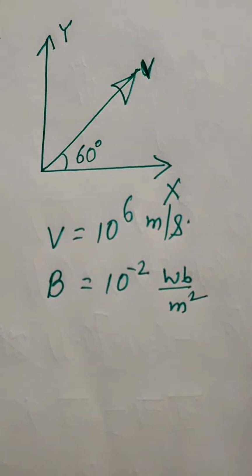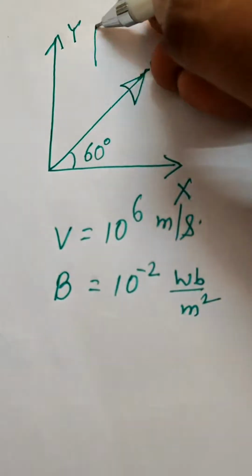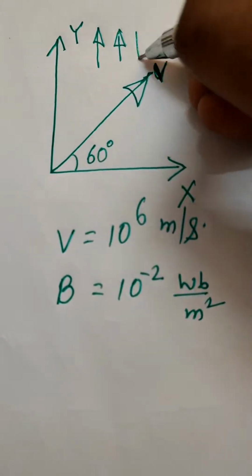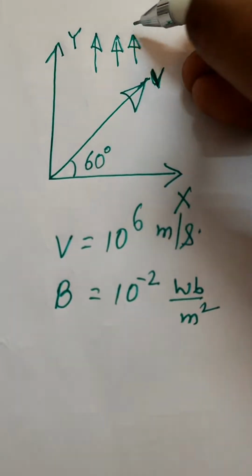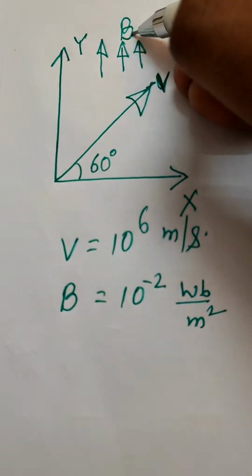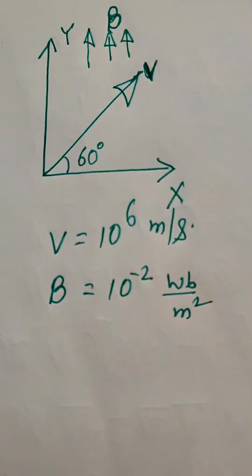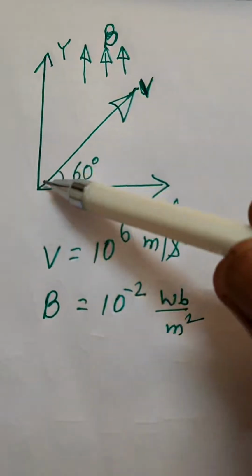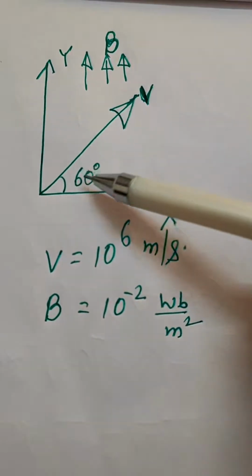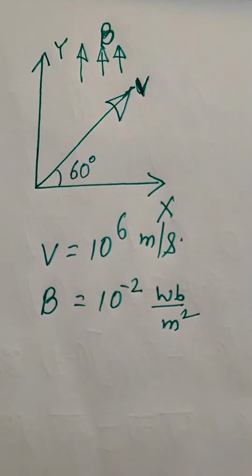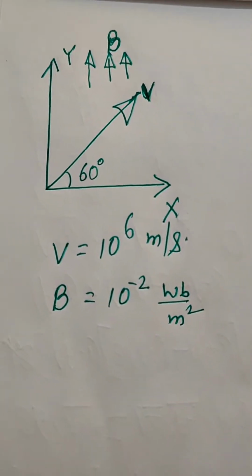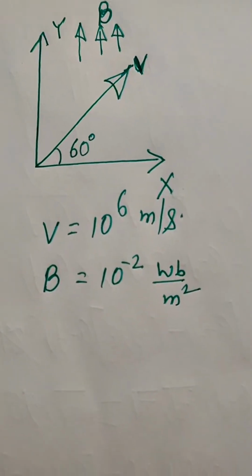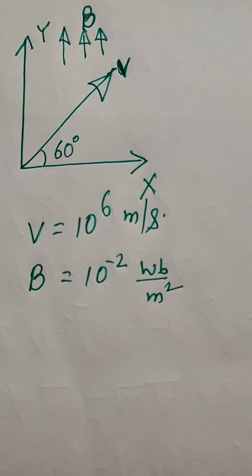That means B is acting along the y-axis like this. So the magnetic field is acting along the y-axis, and the velocity vector is making an angle of 60 degree with the x-axis.